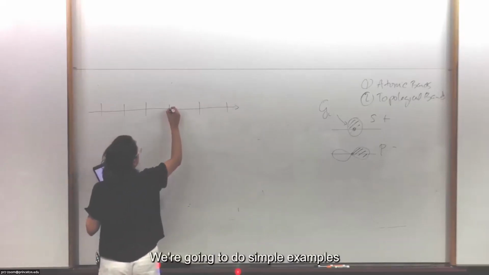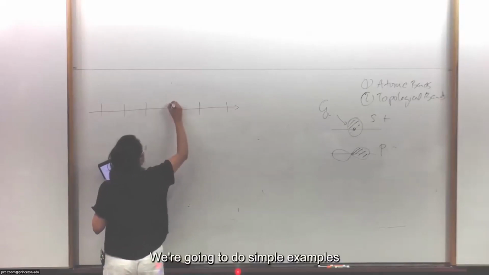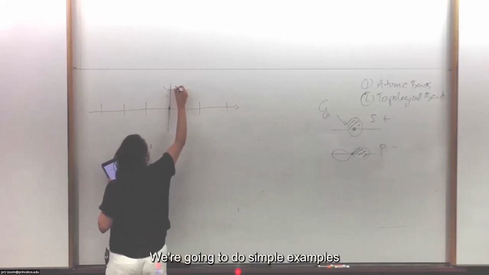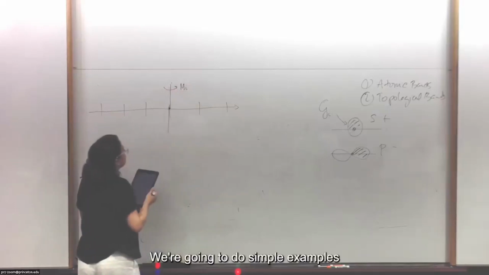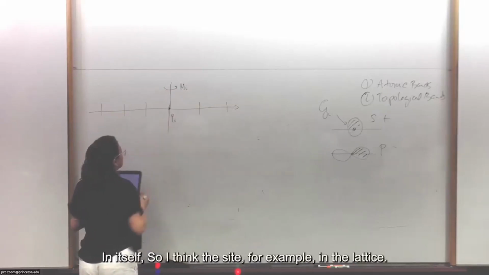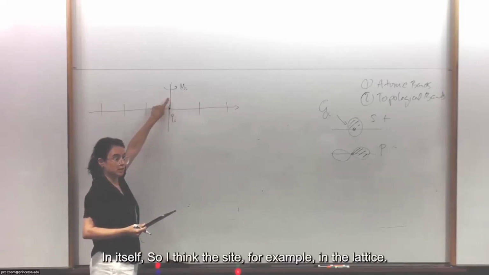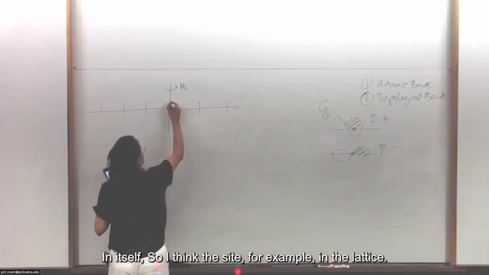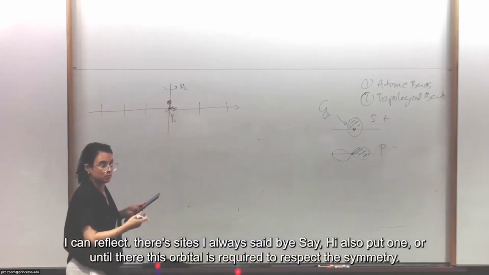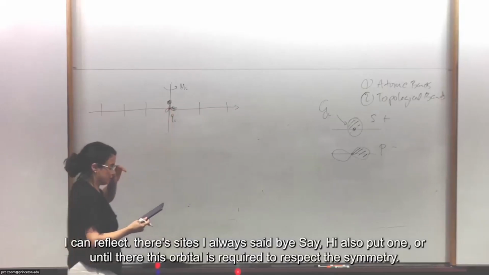So if I take this site, for example, in the lattice, I can reflect under the site. I call this site I. Okay. So if I'm going to put one orbital there, this orbital is required to respect the symmetry. So I can put an S, or I'm going to put a P, or I'm going to put a D, or whatever it is that respects the symmetry.